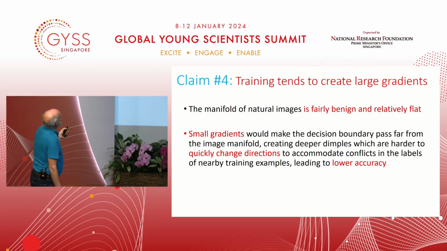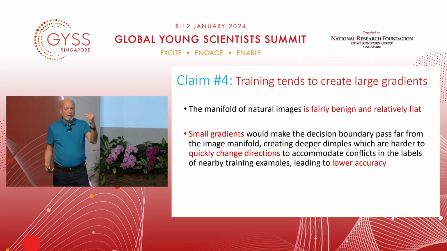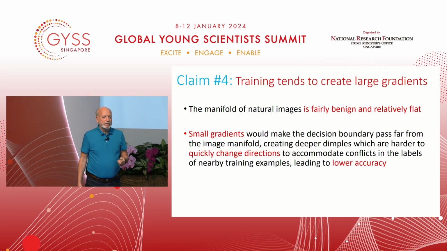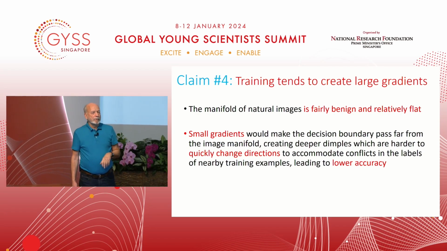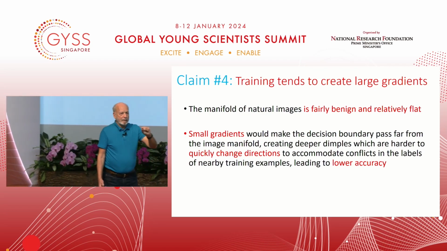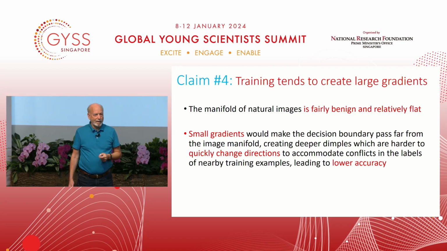So the claim is that the training tends to create large gradients. What does it mean to have a large gradient? The gradient is, if I go in that perpendicular direction, how fast do I change my decision? So I could have large gradients, and then I'll have to go very, very gently, slightly above and slightly below the cats and the guacamoles in order to reach the 99% confidence level.